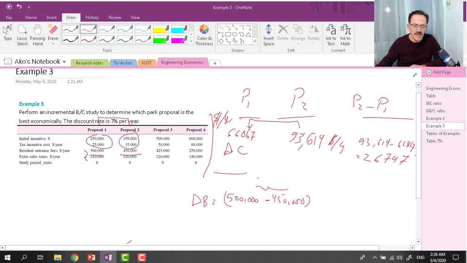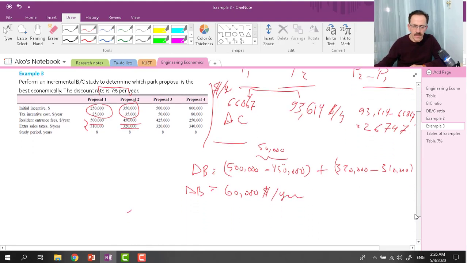So I took benefit, I am going to pay less, so saving is plus. We have extra. Extra is how much? 320,000, and in the first proposal we have 310,000. So 320,000 minus 310,000. So the result delta B is equal to $60,000 per year.